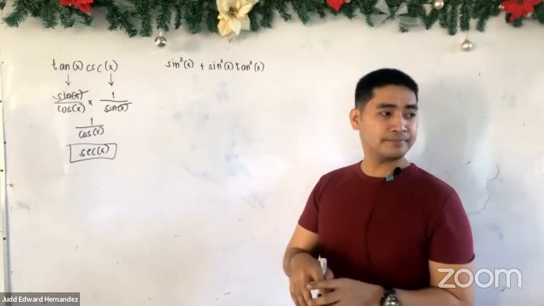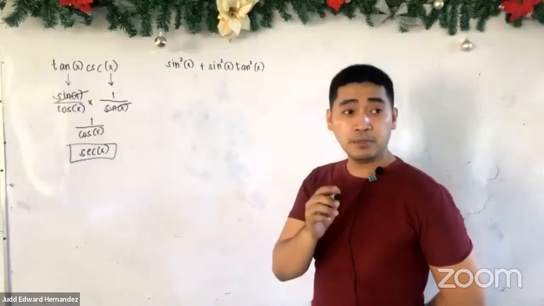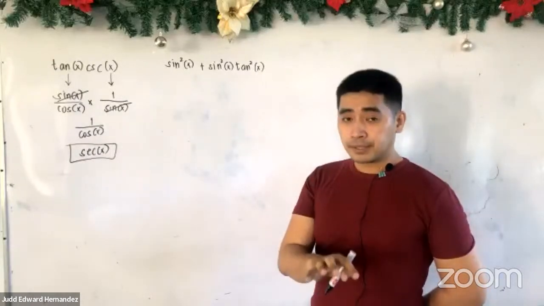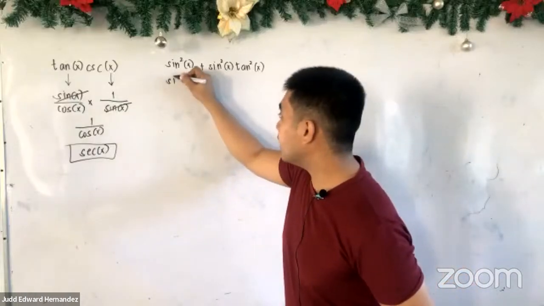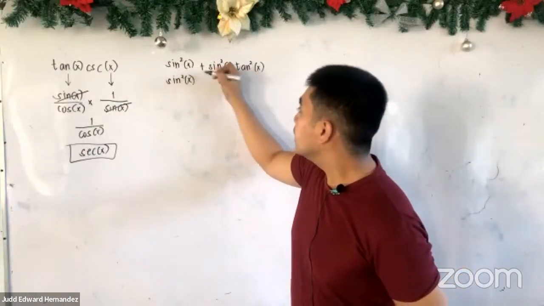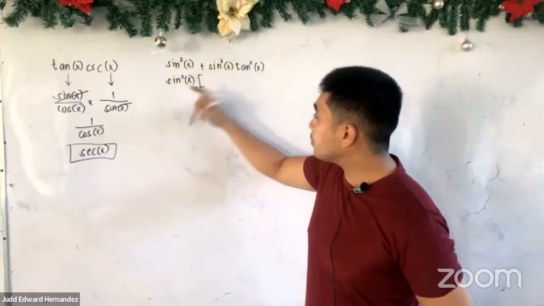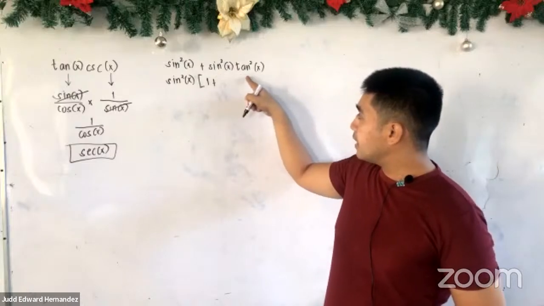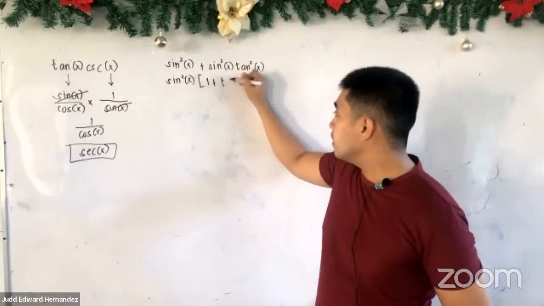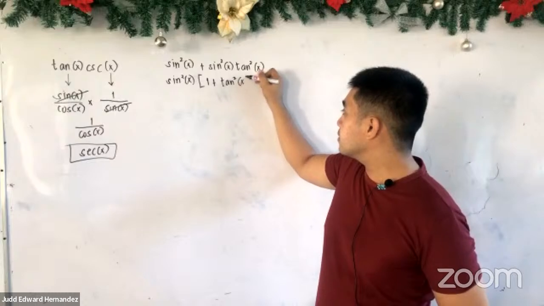Yes, Rachel? Sir, since there is sine squared of x in both terms, we can factor it out. Okay, so in this case, we'll be able to factor out the common term, and that common term is sine squared of x. Since we factored out sine squared of x, this becomes 1, and sine squared x times tangent squared x will be just tangent squared of x.